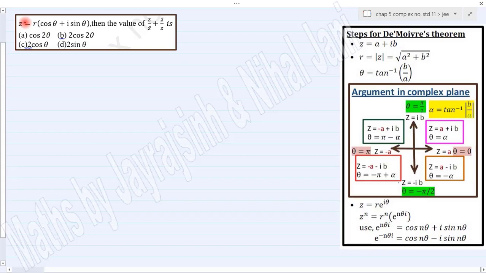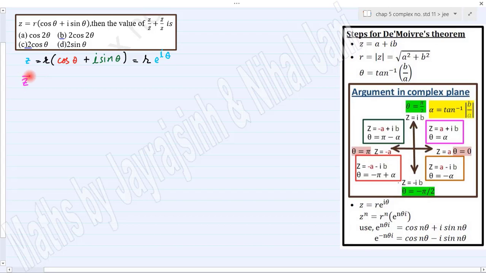In this question, your z is r into cos theta plus i sin theta. Or we can say we have the polar form of the complex number. We know that in exponential form, it can be rewritten as r into e raised to i theta. And we have to find z upon z bar plus z bar upon z.